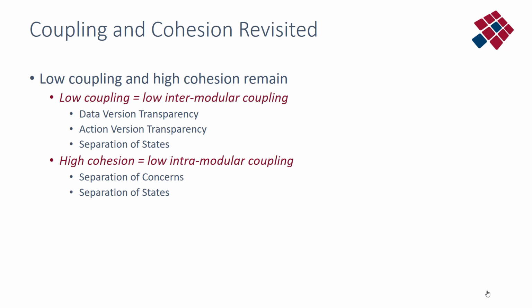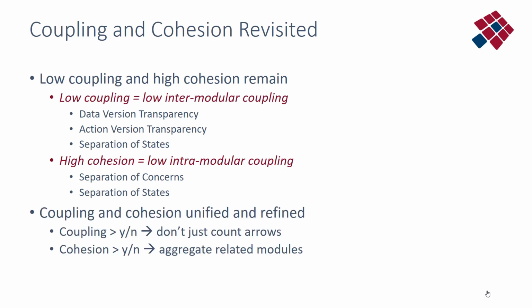If you combine things within the same module, they are confined and therefore coupled in some way. And separation of concerns, separation of states hints and points to high cohesion. However, we clearly say coupling and cohesion are basically the same. High cohesion is a way of low coupling within the modules, and they are a bit refined.